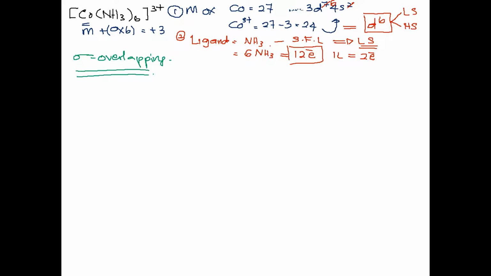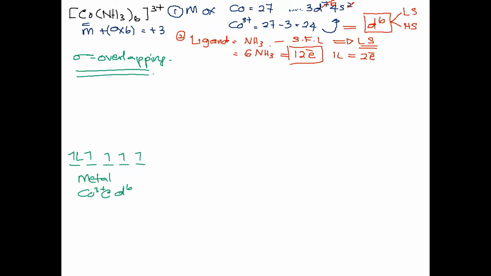You have 1, 2, 3, 4, 5 degeneracies for the metal, the cobalt. It is cobalt 3 plus, or d6, so it consists of 6 electrons.